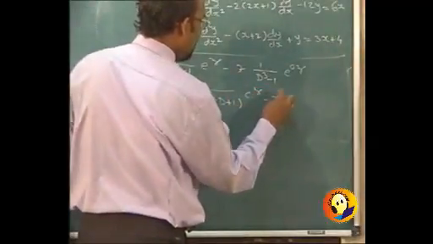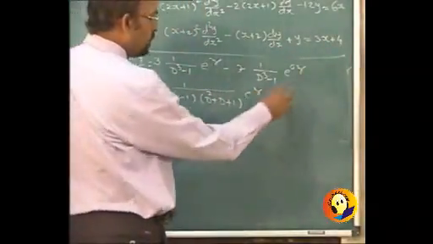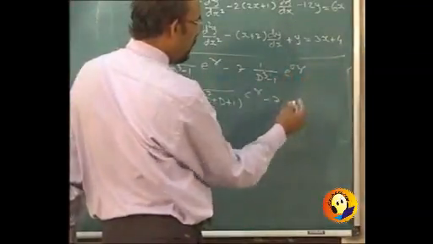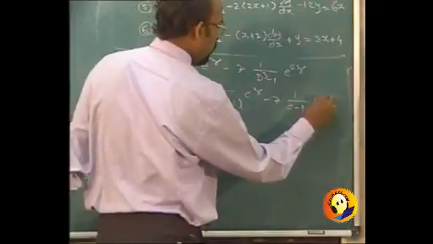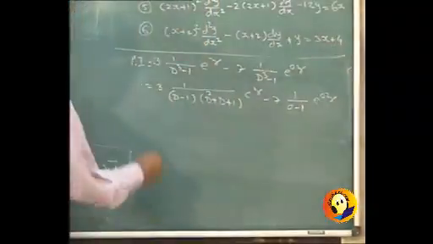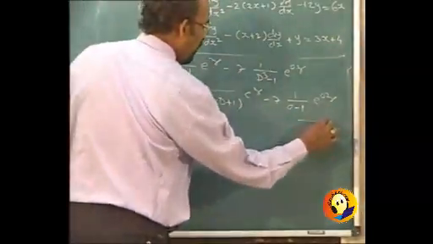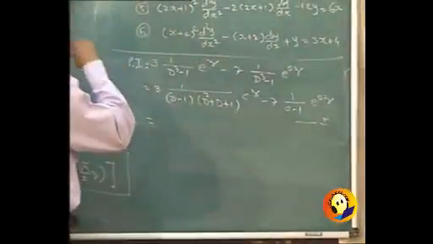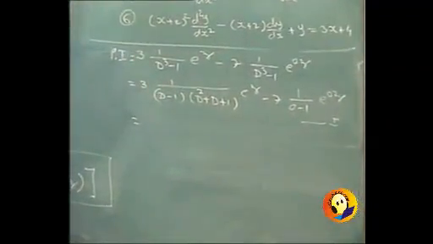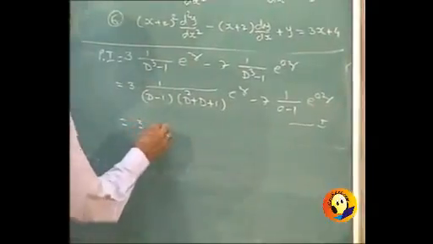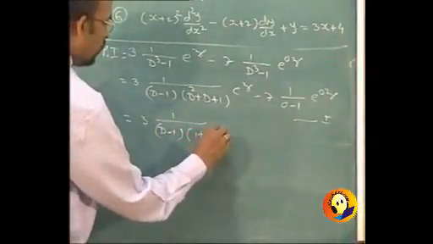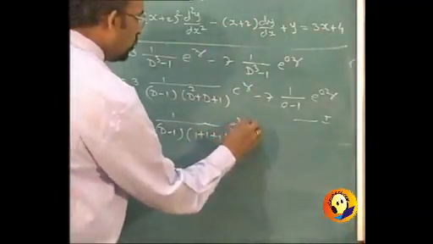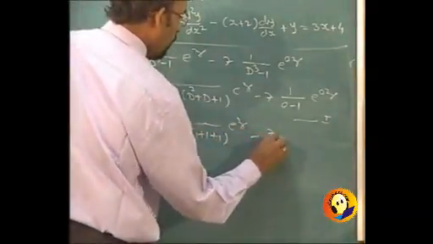Whereas in the second case, D can be replaced by the constant a, the coefficient of z, and it doesn't become 0. So it is 1 upon 0 minus 1 operating on e raised to 0z. Here I have applied formula 1. Now I will be applying formula 1 for the second term, because it is not becoming 0. So it will be 3 times 1 upon D minus 1 into bracket 1 plus 1 plus 1 operating on e raised to z, minus 7 upon minus 1 into 1.